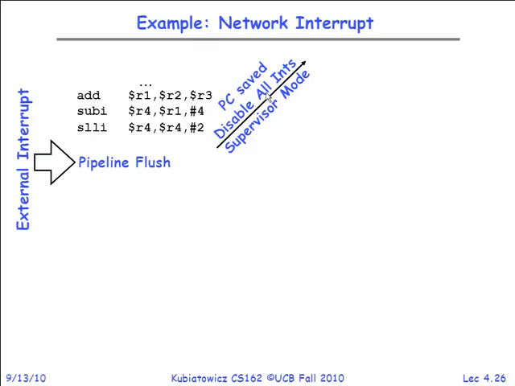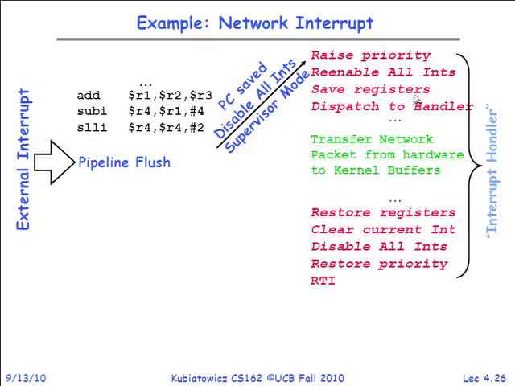Now notice somewhere here we save the registers, and then we restore them. And that's so that whatever we do in here doesn't mess up the computation over here. When we're done, we do a return from interrupt, which restores the PC. We go back to user mode, and we continue where we left off. Okay? So basically, an interrupt is a hardware-invoked context switch.